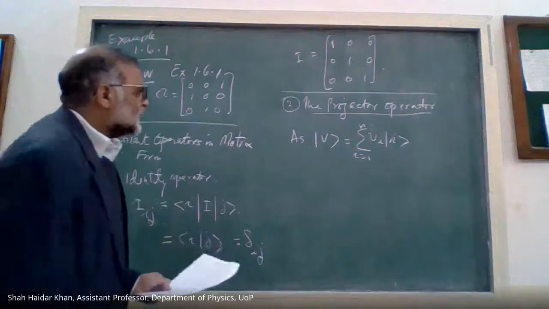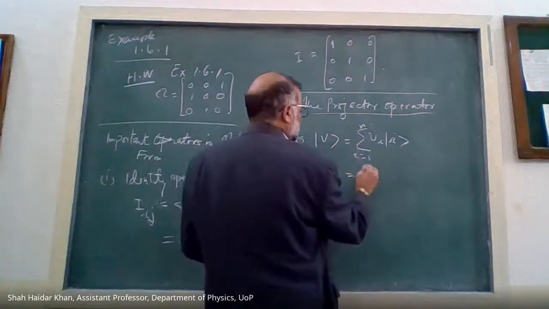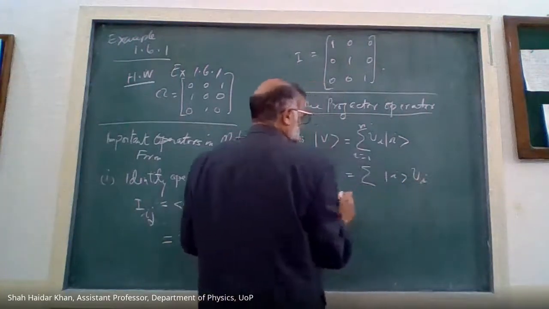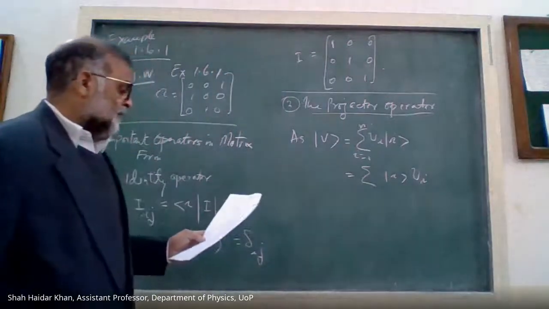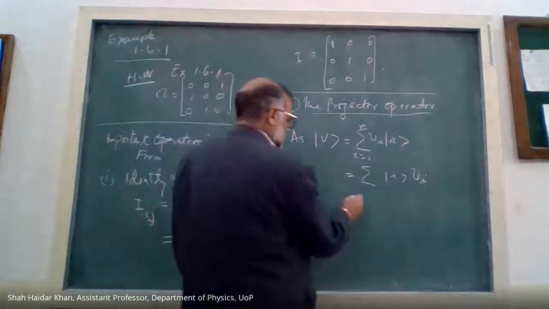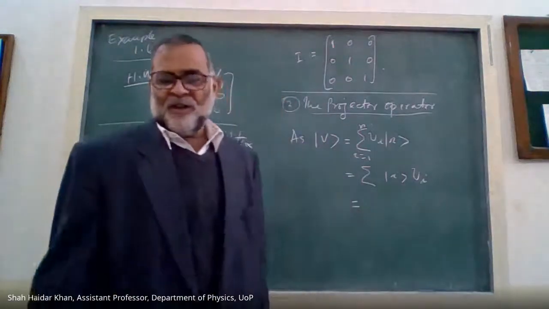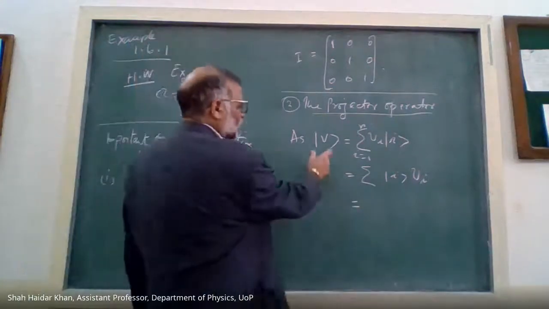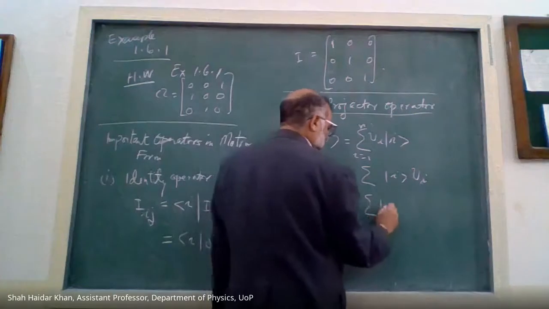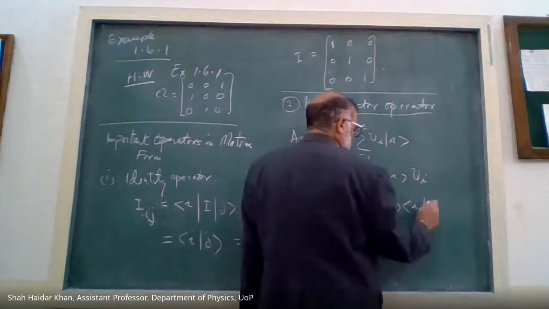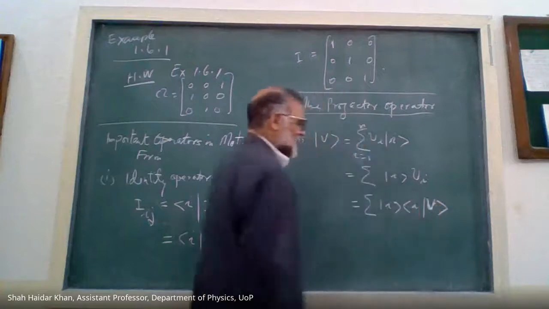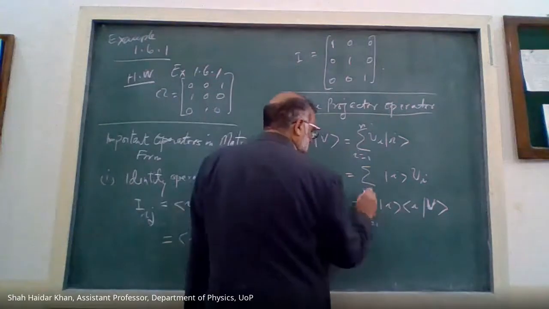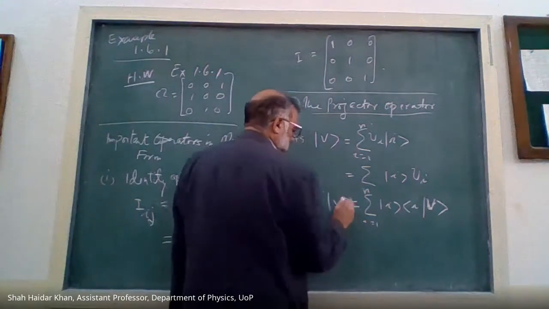This v_i is just a scalar quantity, so we can write it here. We know that v_i is the scalar product, or the inner product, of the ith dimension with the vector V. So we can write it like that, with i from 1 to n.